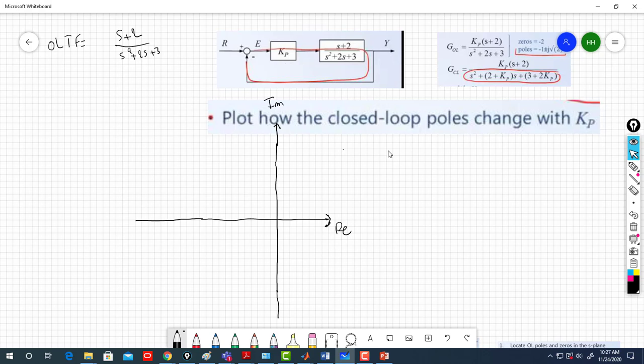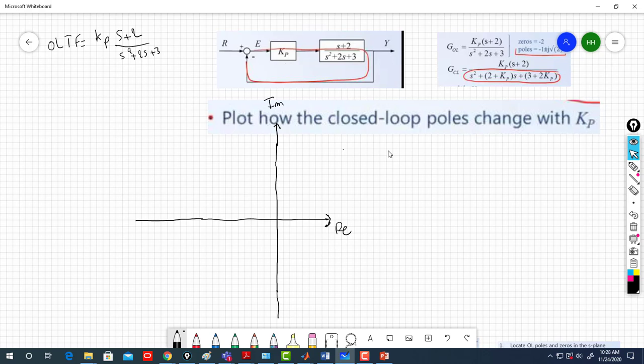Yes, S plus 2, S plus 1. Are you sure? No, not sure. Okay, so this is your open loop transfer function, but this is not your open loop transfer function. What is the open loop transfer function? Times Kp. Yes.